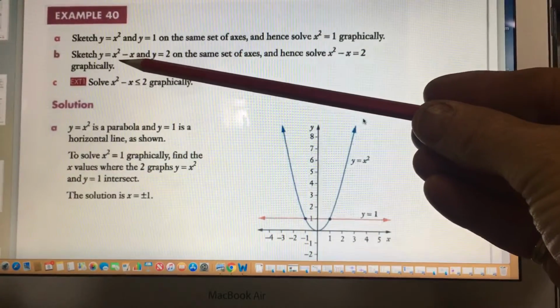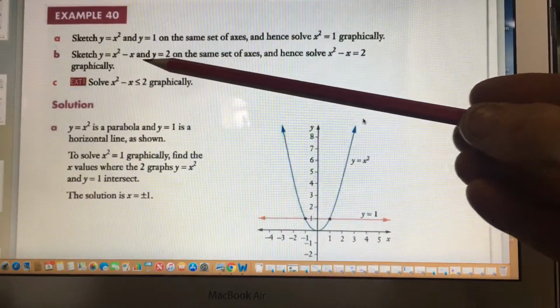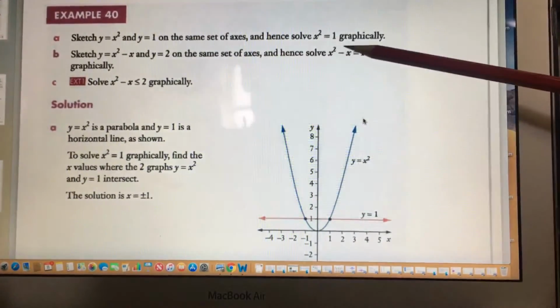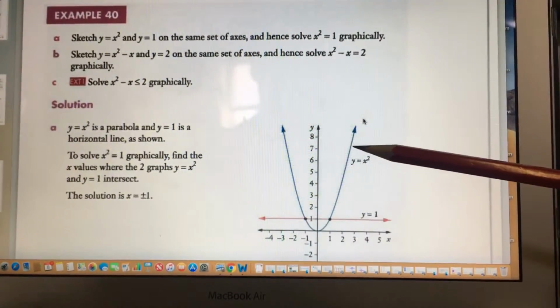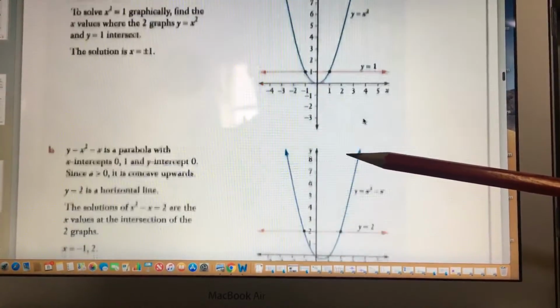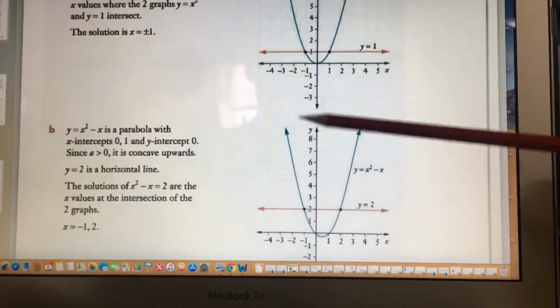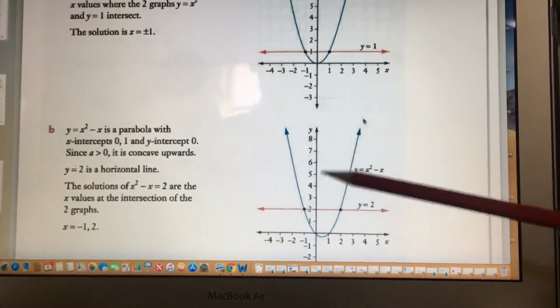Okay, the next one says sketch a slightly different parabola, y equals x squared minus x, and y equals 2 on the same axes, and hence solve x squared minus x equals 2. Again, we're going to look at the points of intersection of these and just read them off. So here's y equals x squared minus x. You could draw it on Desmos. Otherwise, you can find the x-intercepts at 0 and 1.